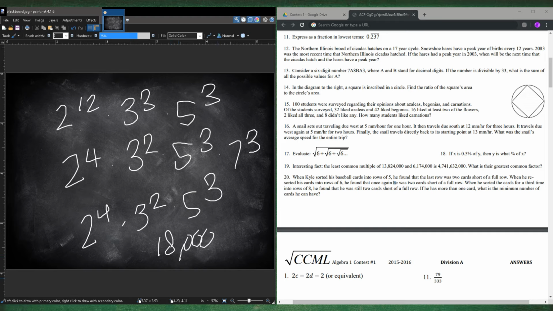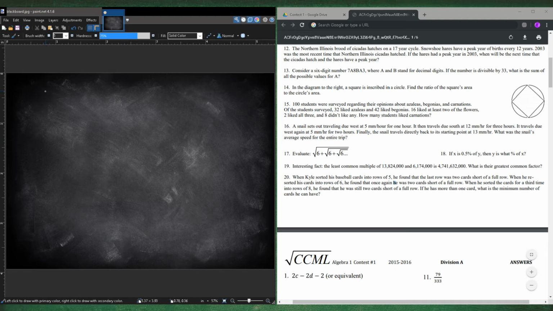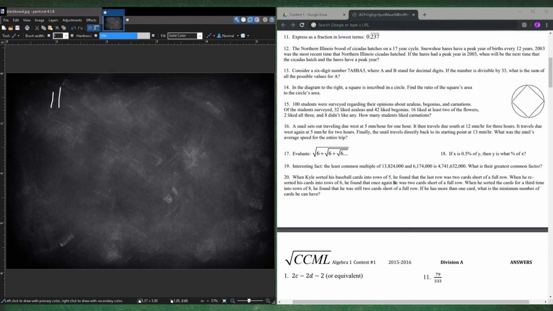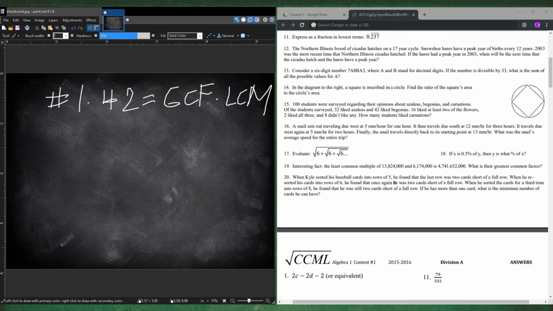That's one way to solve it. Another way to solve it is a concept: if you have two numbers, let's call it number 1 and number 2, number 1 times number 2 is equal to the GCF, the greatest common factor, times the least common multiple. So if you have these two numbers, you just put it in your calculator. So 13,824,000 times 6,174,000.